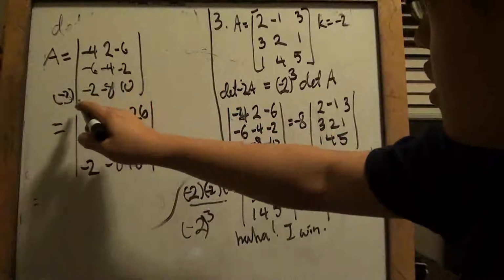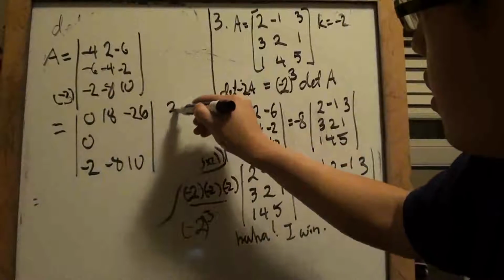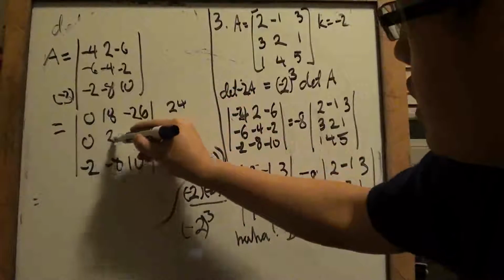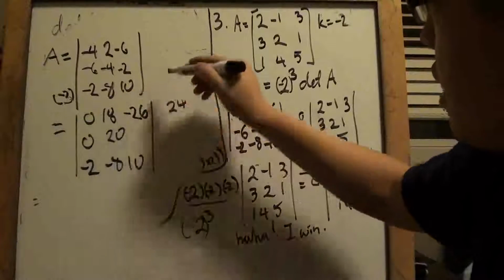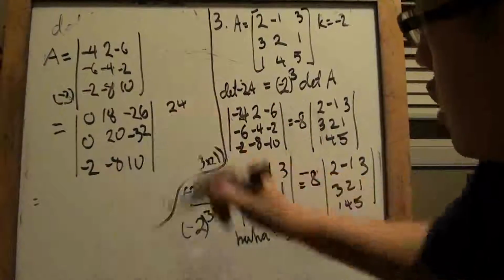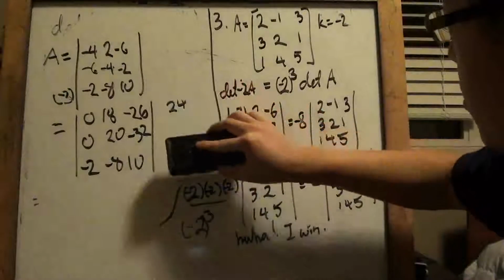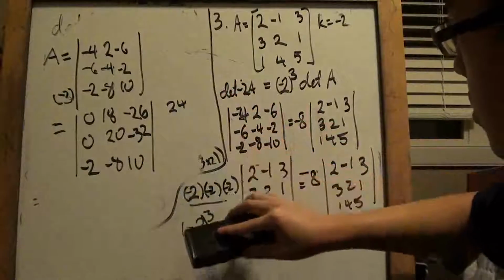So that would be 0. Ooh, the number gets really big. 24, 20, and that's going to be -30, -32. Ooh, I do not like that. I may need the whole thing. This might get ugly.